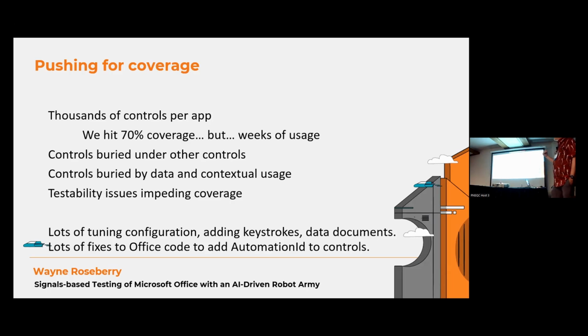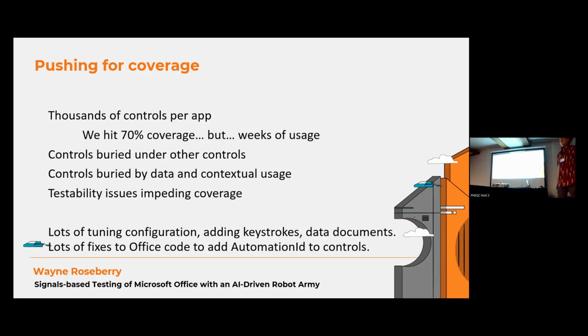I was able to demonstrate to my skip level that I could hit about 70% coverage. That's what got me permission to build a team to help do more of this, was that I could do it. But it took weeks for these thousands of machines to get that broad.